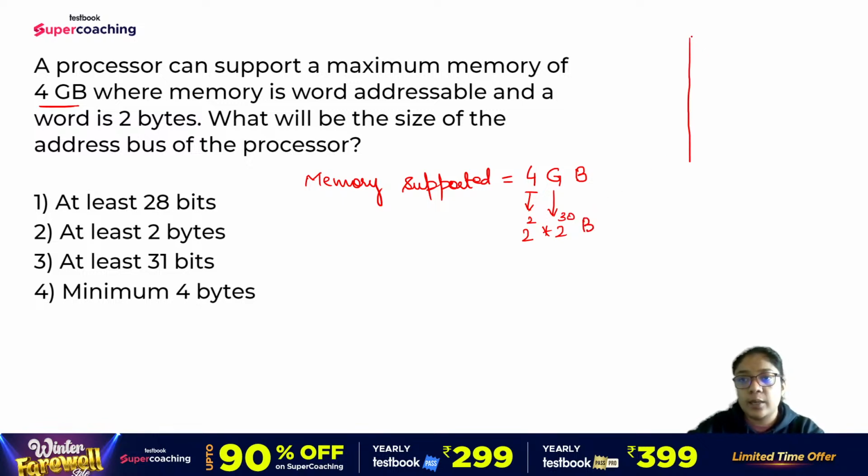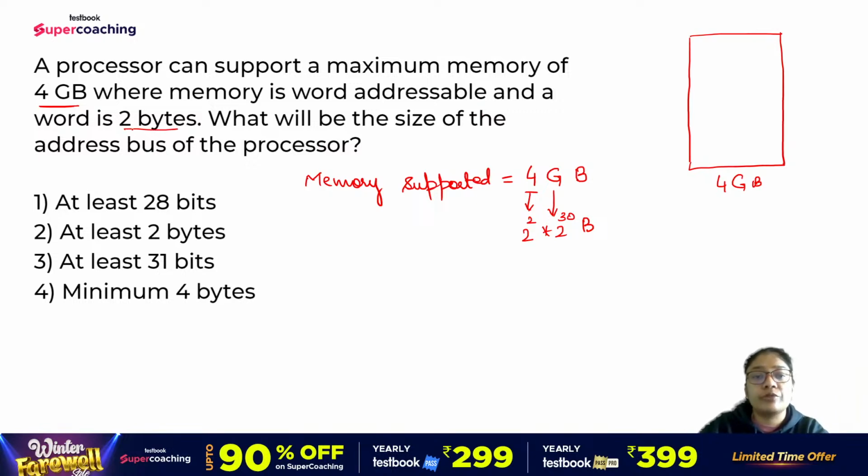अगर हम इसको diagrammatically देखते हैं, this is 4 GB of memory, and this memory is word addressable and you are given the size of the word. So if 4 GB of memory is there, can we count the number of words? Words is nothing but, जब आप memory को divide करते हो cells में, each cell is representing one byte or the word.